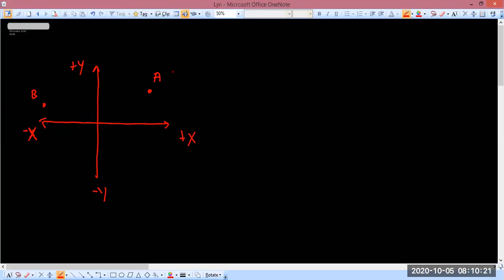And let's say the point A has coordinates 3 comma 4 meter, right? And let's say this point B has coordinates, let's say, minus 2 comma 1 meter, right? Okay, so if it is like this, and suppose we draw a vector from A to B. So why do we need to draw a vector from A to B?